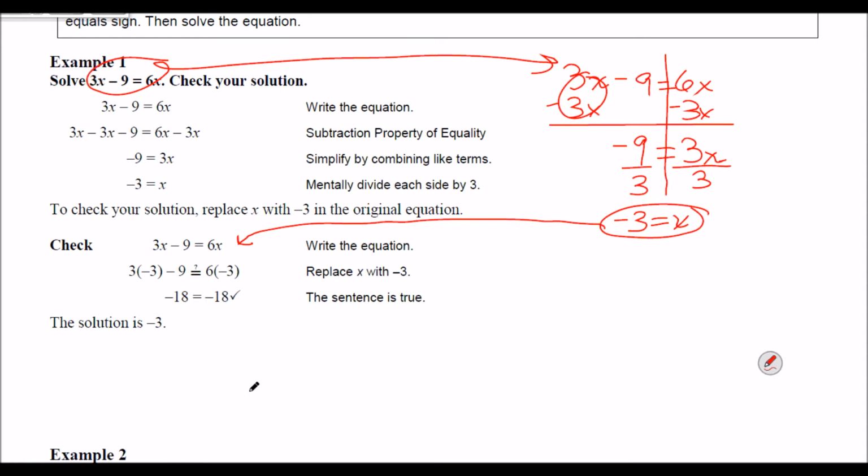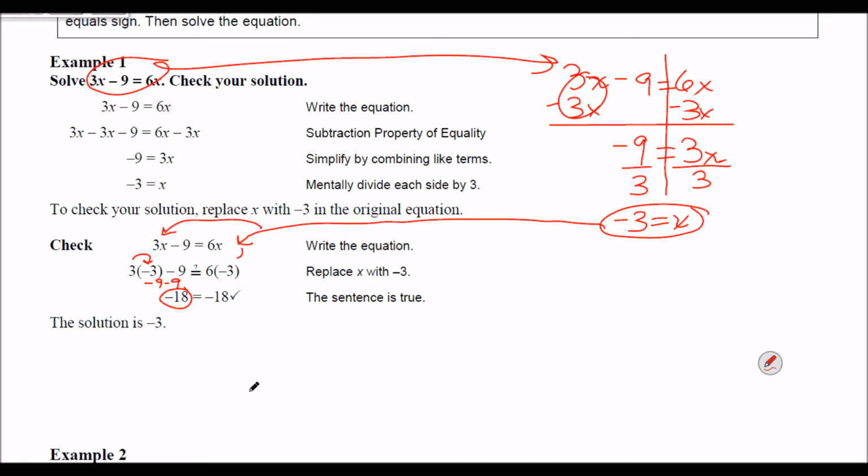The difference in this, as you can see over here, we need to plug that in to the left side of the equation and solve. So we took 3 times negative 3, which gave us negative 9, and if we subtract 9 more, we end up with negative 18. So the way I do these is I work out the left side completely and get the answer, and then I'll take it and plug it into the right side.